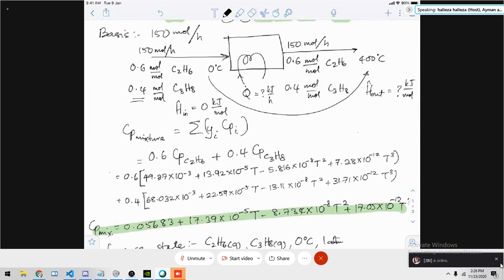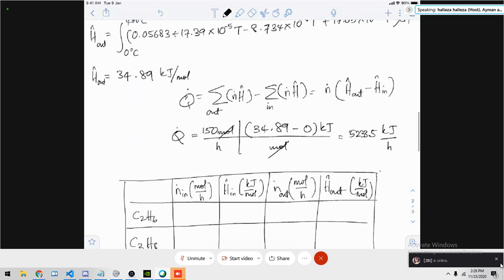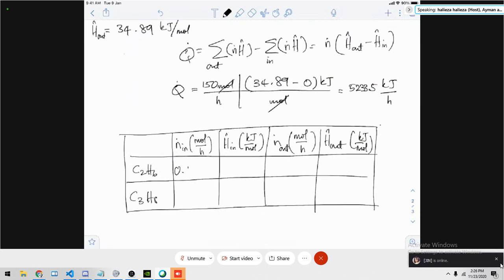Multiplying the total molar flow rate by its composition. Okay, which is propane or ethane? Ethane. 0.6. Okay, 0.6 times 150. So if you do the calculation, it's going to be 90 mole per hour. Okay? So the rest of it is for propane. So 150 minus 90, that would be 60. Is that correct? Yes. Okay, good.